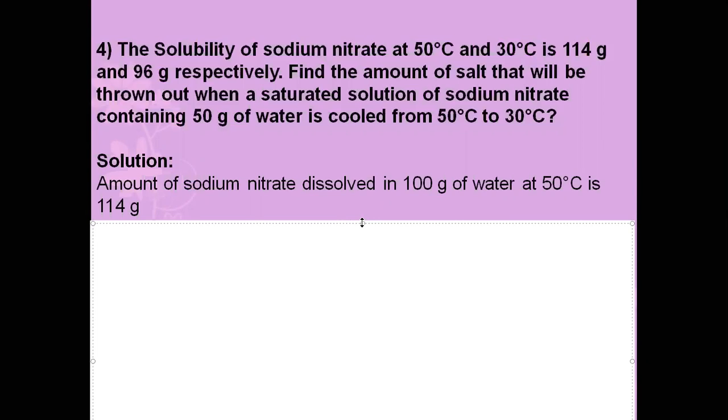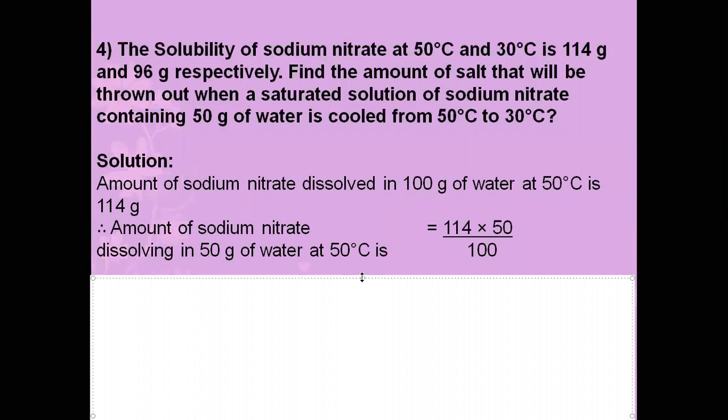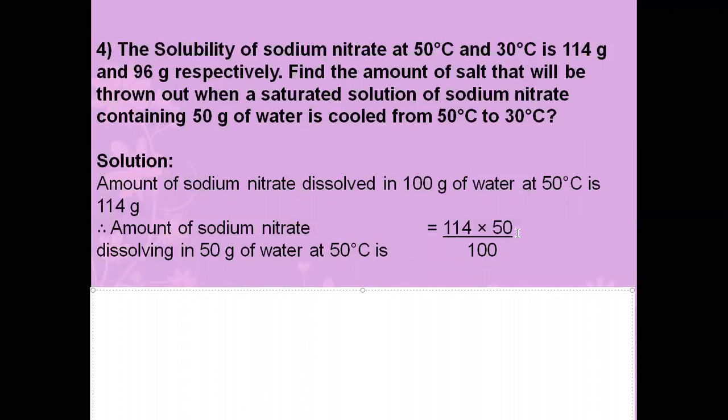So first we find out the amount of sodium nitrate dissolving in 50 gram of water at 50 degrees Celsius, which is 114 into 50 divided by 100. So the answer is 57 gram.